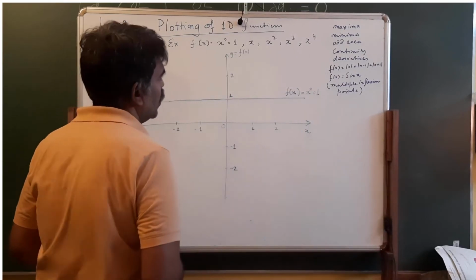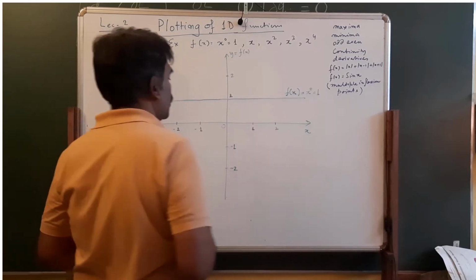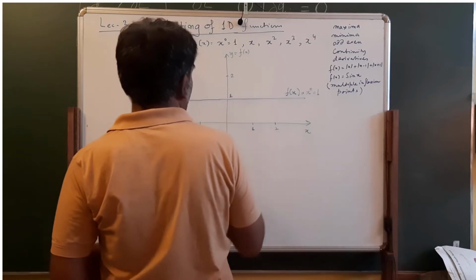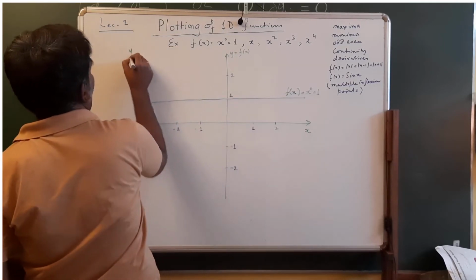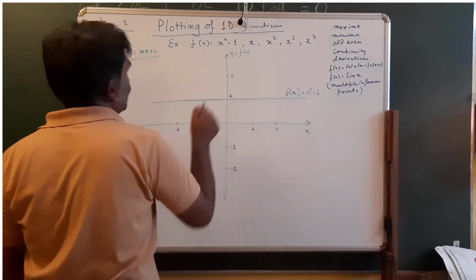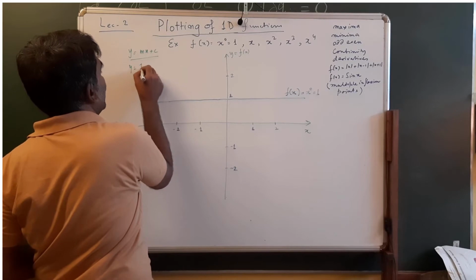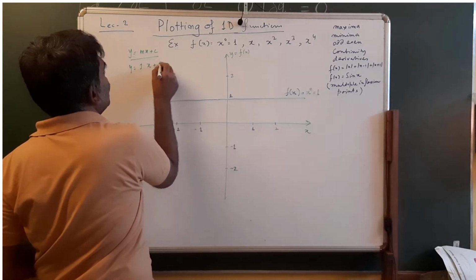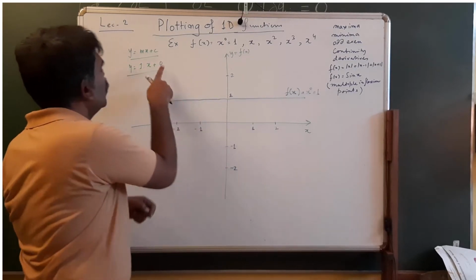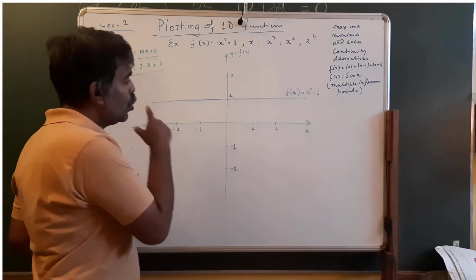Next, f(x) equals x to the power 1, that's x. So that should be a linear thing. You know that y equals mx plus c, right? So how can I write this? y is f(x), so y equals 1 into x plus 0. So the intercept is 0 and the slope is 1.